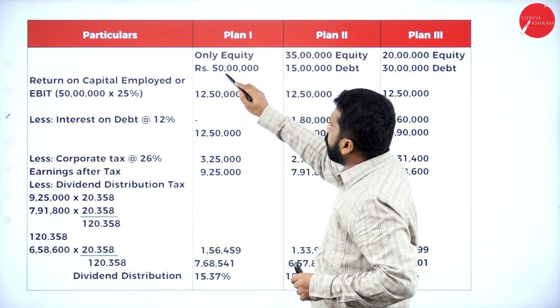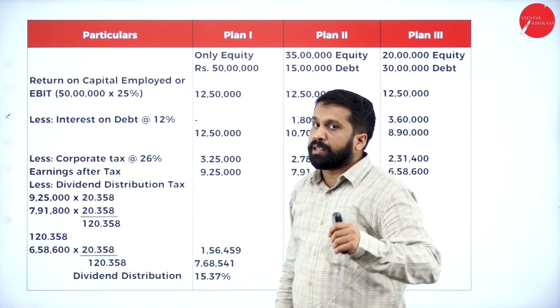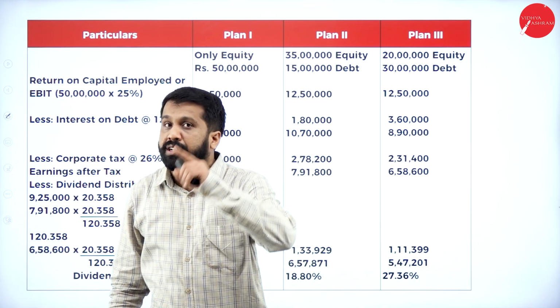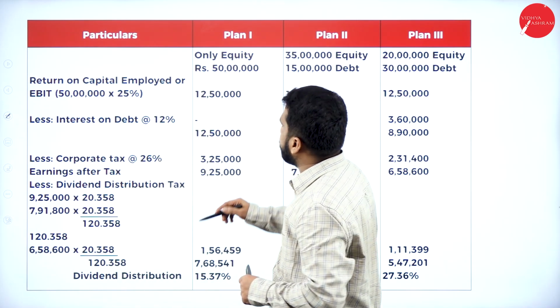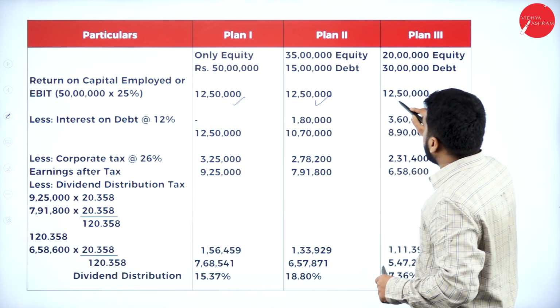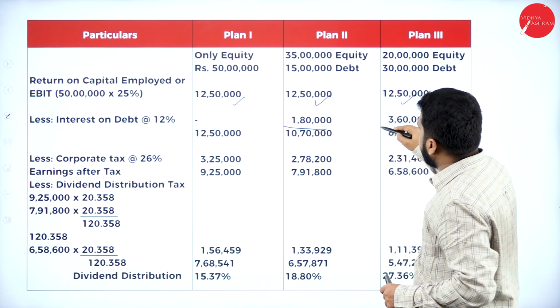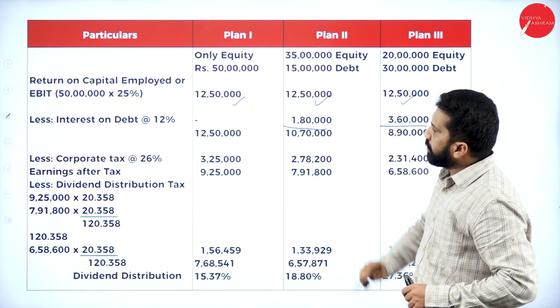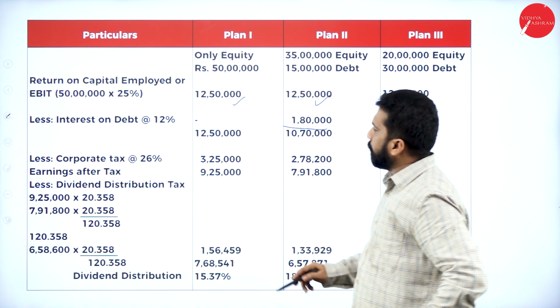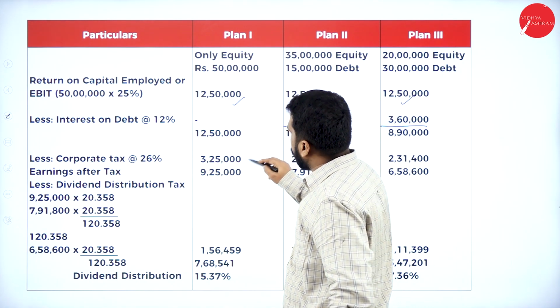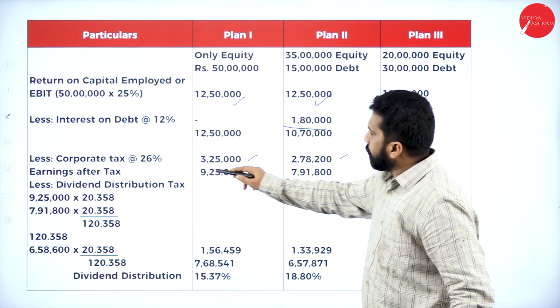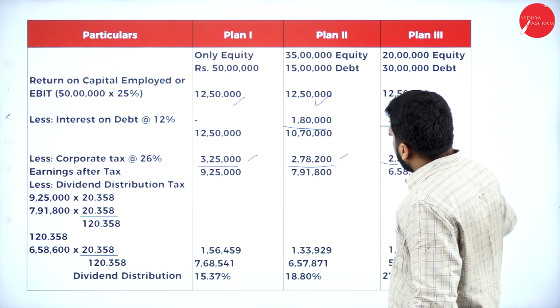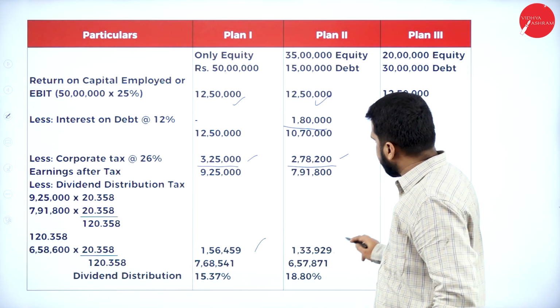Earlier it was 50 lakh into 30%. Now you are supposed to take 50 lakh into 25%. See, 12 lakh 50, 12 lakh 50, 12 lakh 50 minus interest. You got earning after interest. Now, after that minus corporate tax. After that you will get earning after tax minus dividend distribution tax.